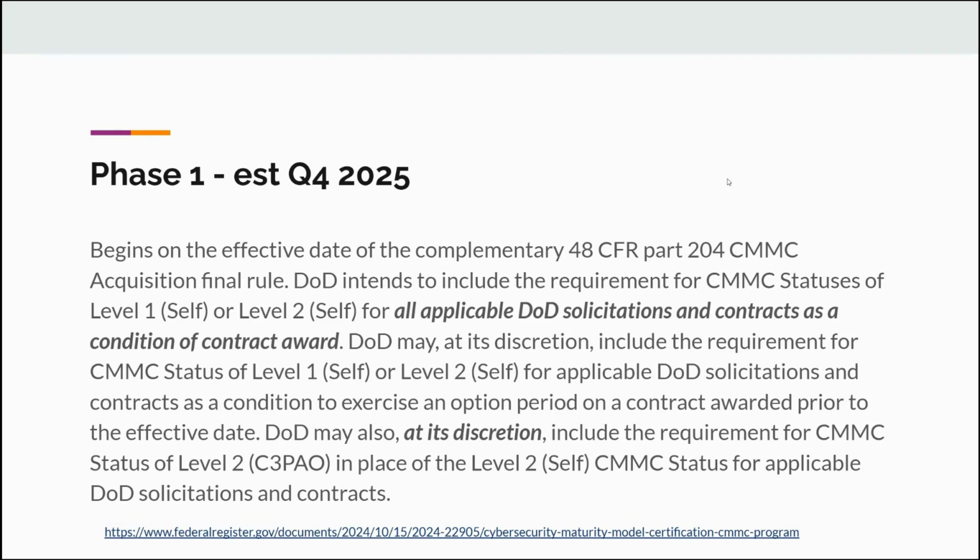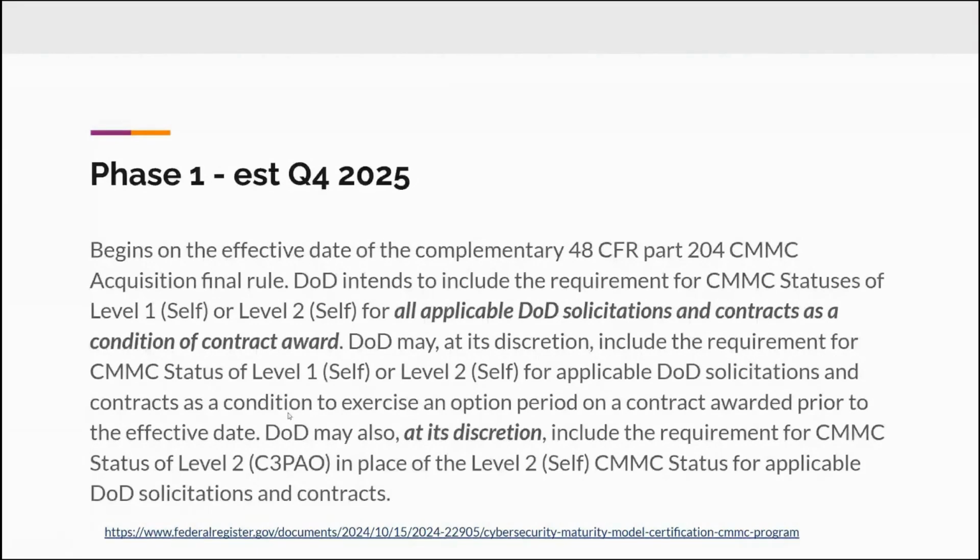So when they launch self-attestation or self-certification for all applicable DoD solicitations and contracts as a condition of contract award, they could include the requirement for all applicable DoD solicitations and contracts as a condition to exercise an option period. And then the famous words here, DoD may also, at its discretion, include the requirement for applicable DoD solicitations and contracts. So, important for phase 1, Q4 2025.